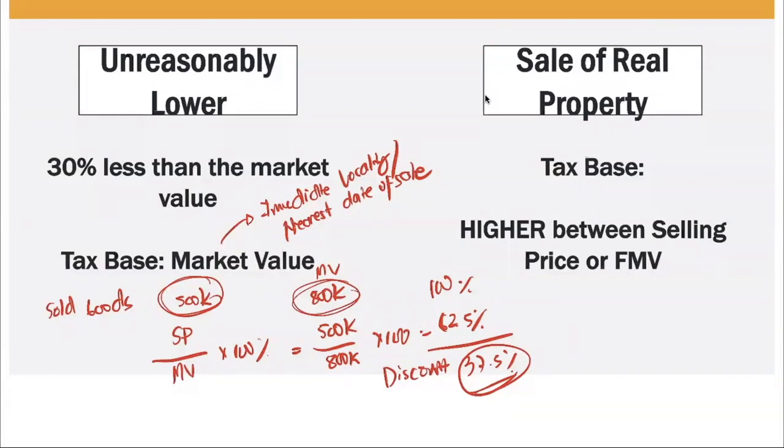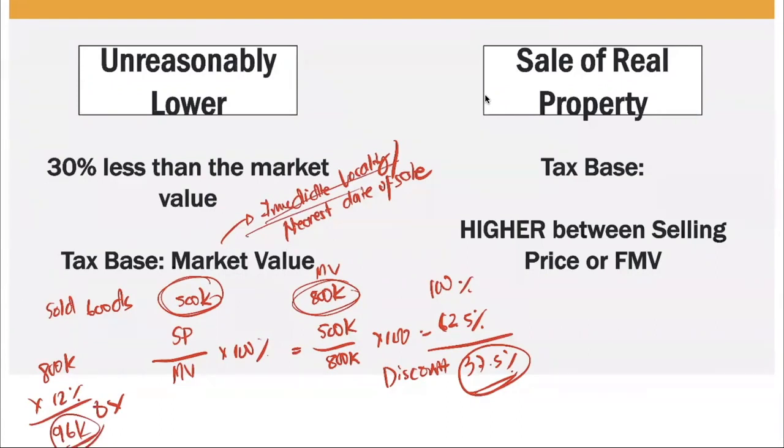So based on our market value, that is the amount of our tax base. 800,000 multiplied by 12%, what is the output VAT? 800,000 times 0.12, we have 96,000. That is the output VAT. That is an example wherein you look into your immediate locality. We sell it at 500,000. However, in our locality, it is sold at 800,000.